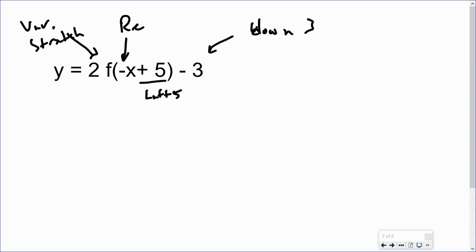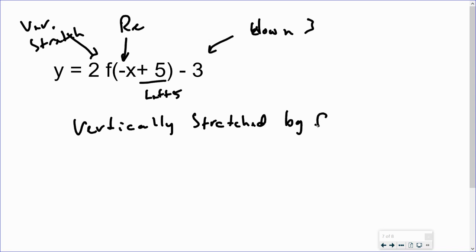Okay, well, let's list this out. So vertically stretched, factor 2, reflected.